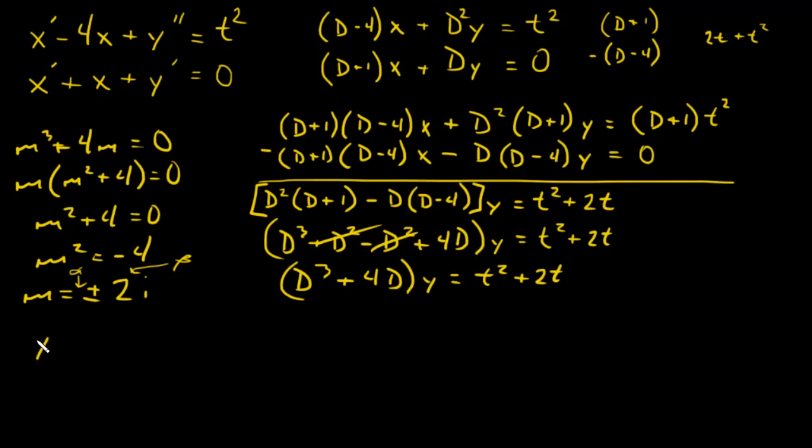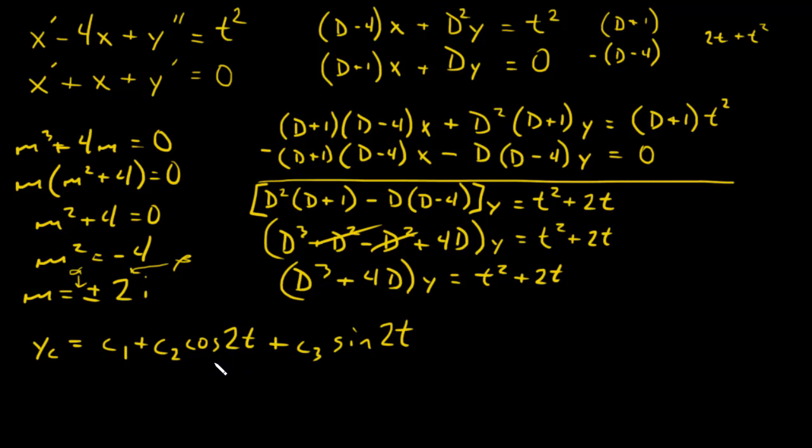I'm going to need to do a whole bunch of erasing anyways. y sub c equals c1. I've got my m equals 0, so that's where the e to the 0t just becomes c1, plus c2 cosine 2t, that's the beta that we found, plus c3 sine 2t. All right.